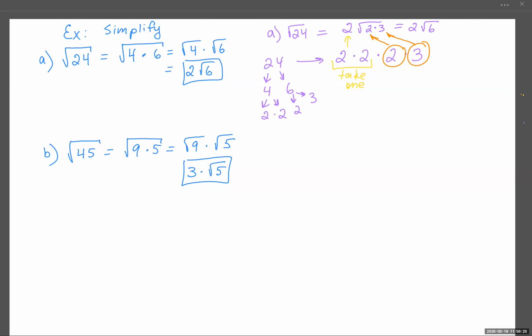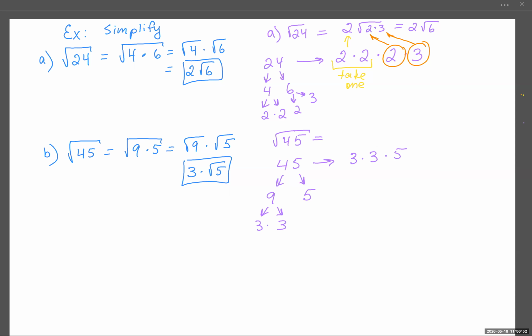And then the other method, so we have square root of 45 equals 45 needs to be broken up into prime factors. 45, let's just start with 9 and 5. 5 is already a prime. 9 will be broken up into 3 times 3. So 45 is the same as 3 times 3 times 5.